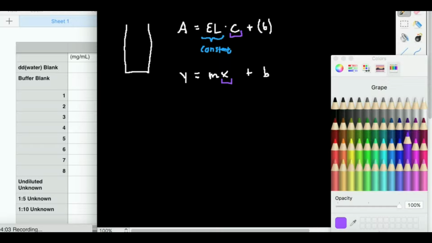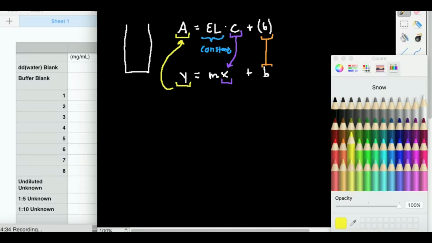So anywhere in y equals mx plus b that I see an x, I'm just going to replace that with C. One obvious thing is that the y-intercept is just the y-intercept. Now, this should also imply that absorbance is the dependent variable, and in fact, absorbance is the dependent variable. So A corresponds to y.